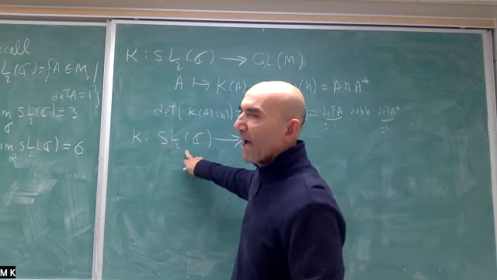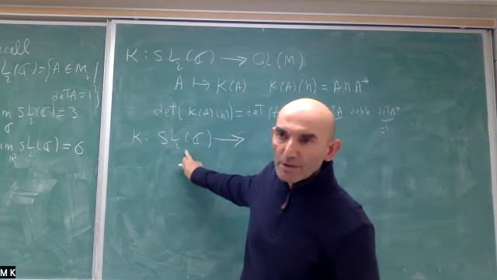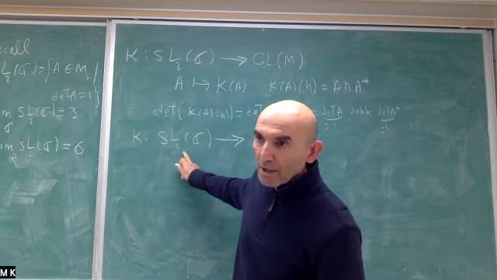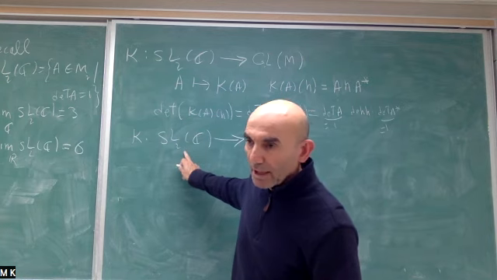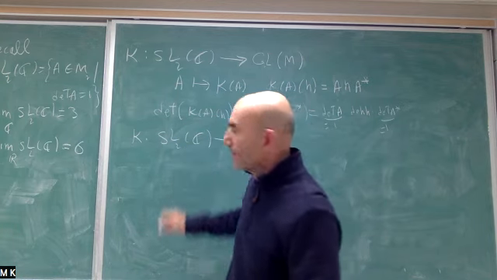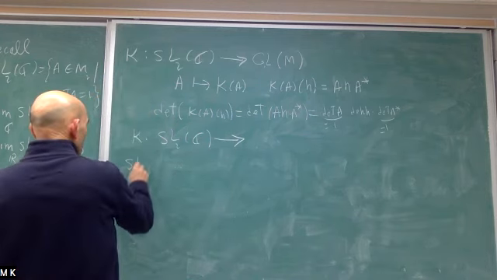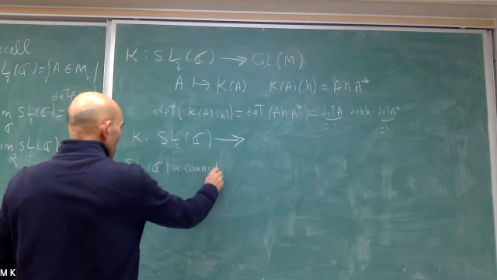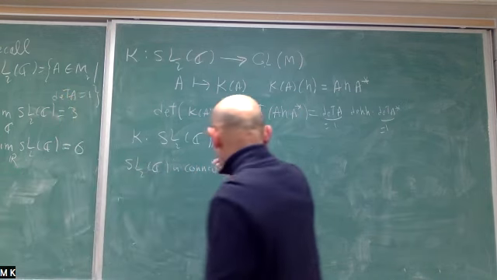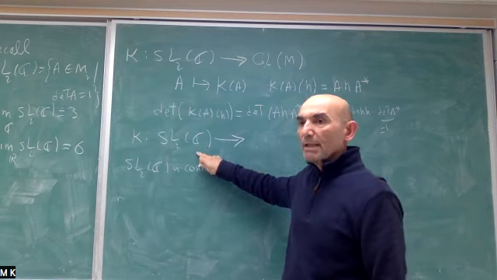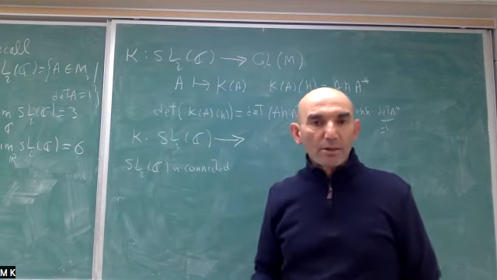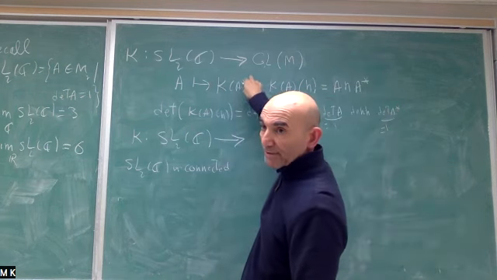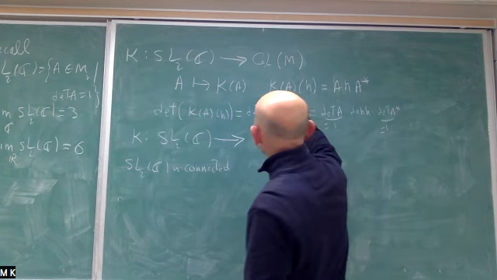Well, we have to know some facts about SL2C, which are actually not difficult to establish using very basic linear algebra. Namely, SL2C is connected. Because it's connected, it sends it into the connected component of the identity. By the way, K is a homomorphism, obviously.